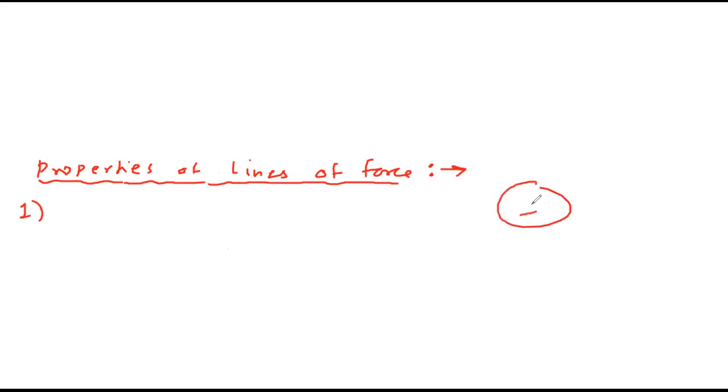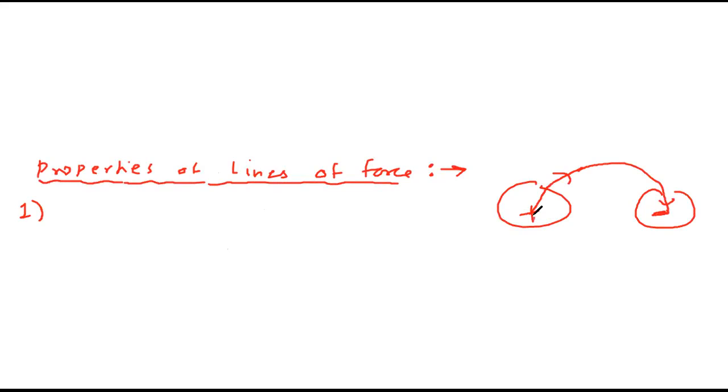This is which charge? Positive or negative? Positive. This one? Negative. So it is assumed that lines of force start from the positive charge and terminate in the negative charge.